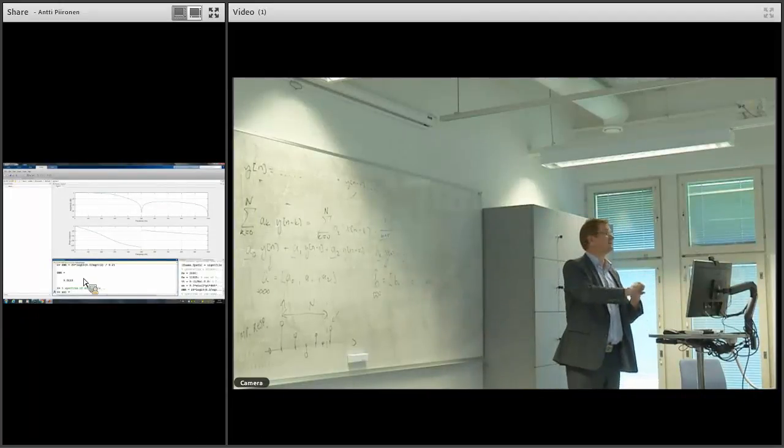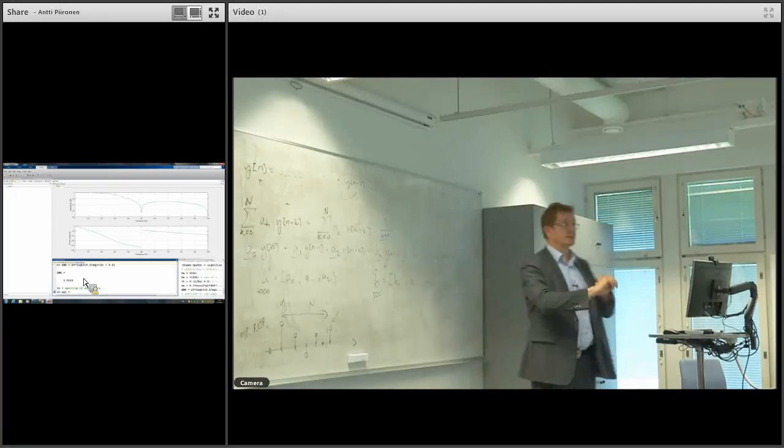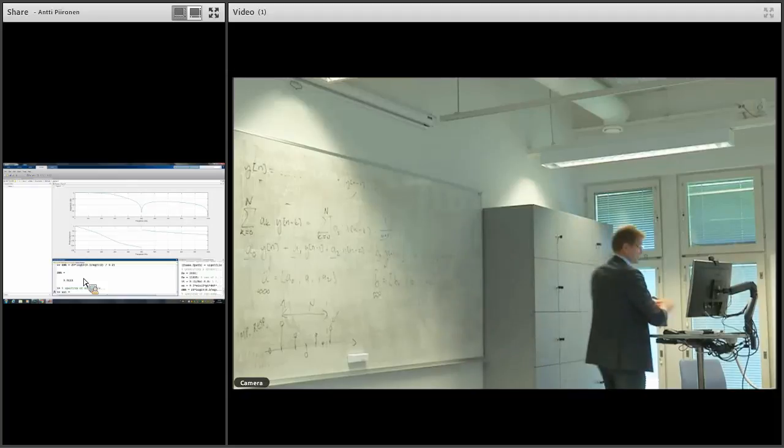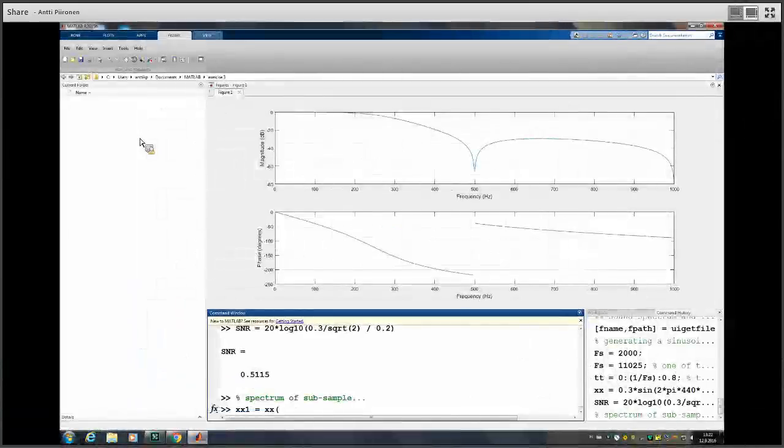If you do it in fast Fourier transformation, you basically have to take a power of 2. xx from the beginning, 1 to, say, 2 to the power of 12 samples. Yeah, that's good. So we have 4,000 something.